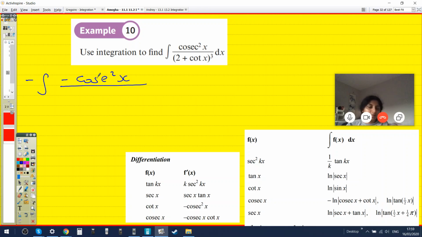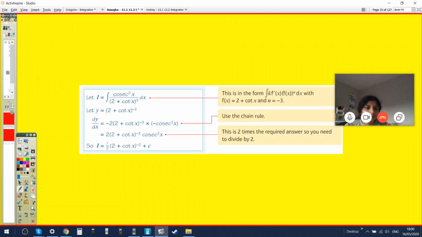I only know how to do it when if there's a power, it has to be multiplied by the derivative. But this isn't a fraction, so I'm a bit confused as to how to do it. Let's see, 2 plus cot x. Would you have to expand it? No way we expand this one. That'd be easy.